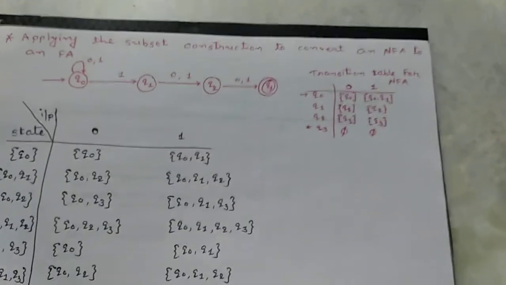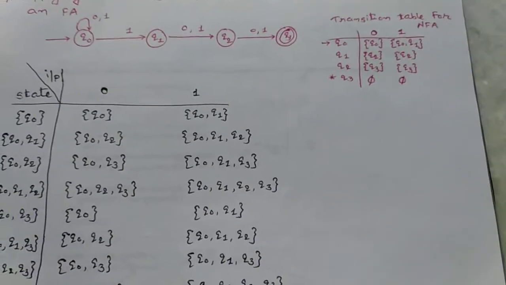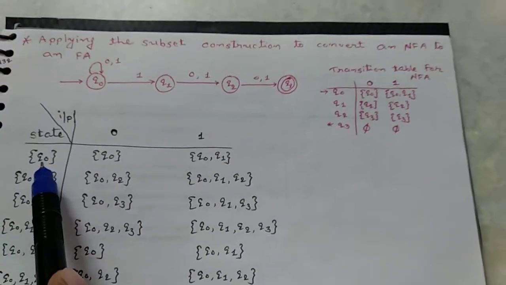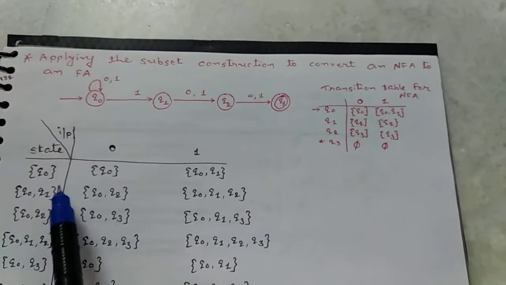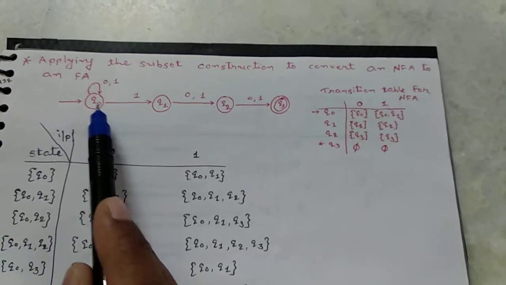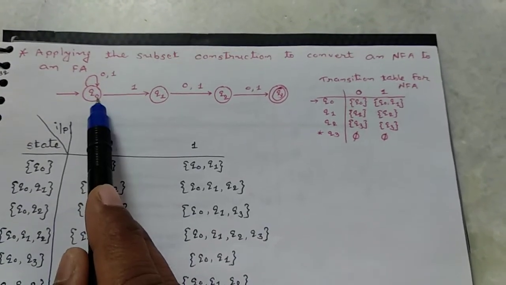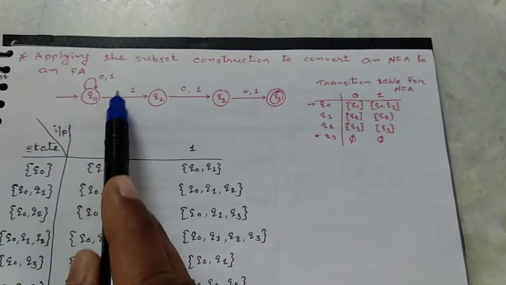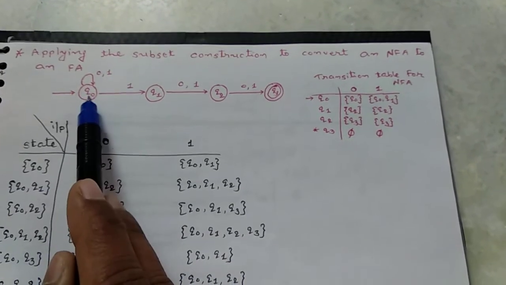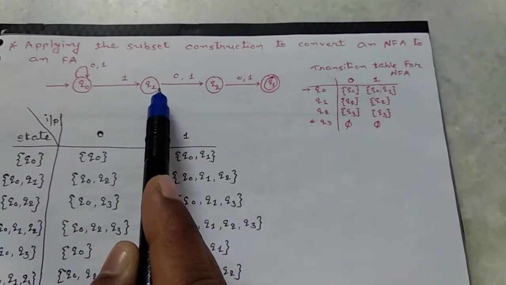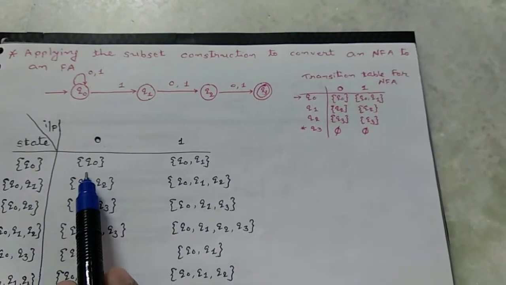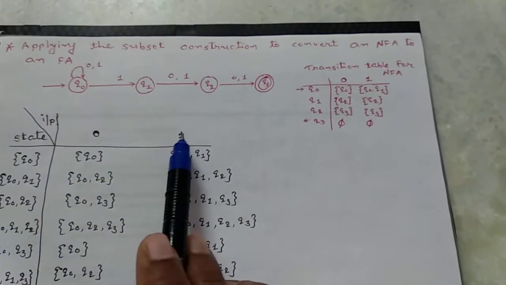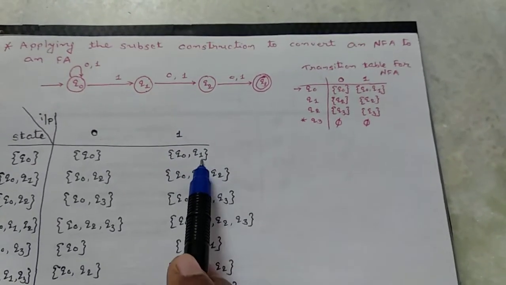First, for the FA transition table you have an input state Q0. From the initial state Q0 on 0, you reach Q0. Q0 on 1, you reach either Q0 or Q1. So Q0 on 0 is Q0, and Q0 on 1 is Q0, Q1.